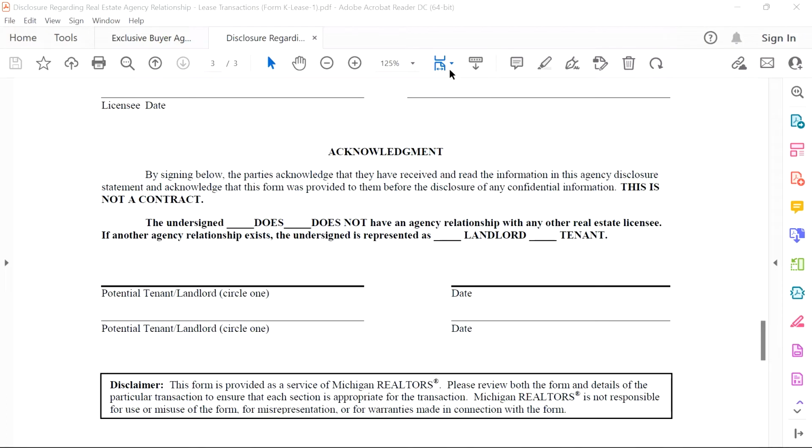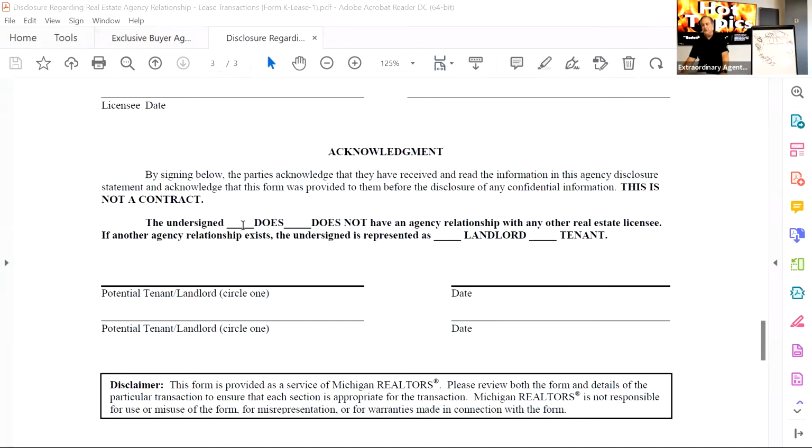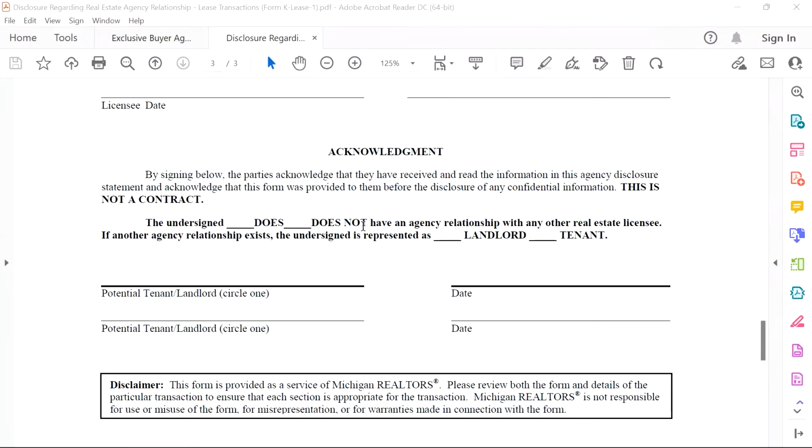When I'm trying to now find them a house here, I say, by the way, do you have any other contract? And they go, well, yeah, I actually have a contract signed with the agent up there in Cadillac. Therefore, I check, does have an agency relationship, and it would be as a seller, which simply tells us we can go ahead and represent them as a buyer, or if it was landlord, that it could be a tenant. That's all that that's there for.